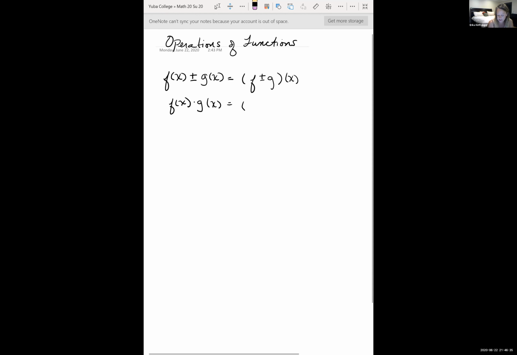You'll see it in this book written as (f times g)(x). And then division: if you had f of x over g of x, another way to write this is (f divided by g)(x).